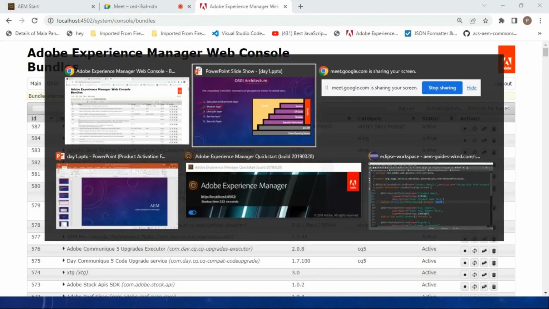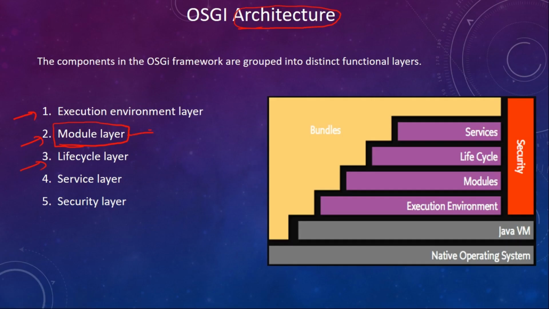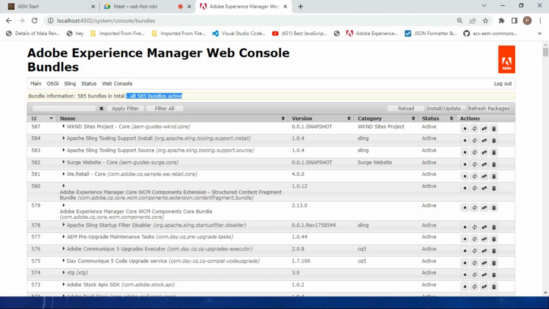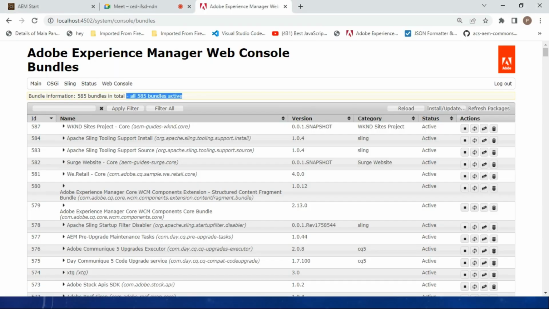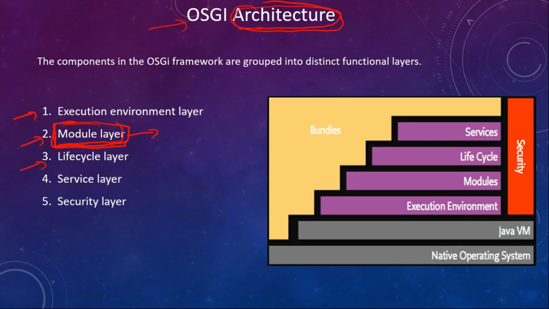All the bundles are stored inside this module layer. All your 585 bundles are present inside your module layer. This is the architecture. All your OSGI is maintained by using this OSGI architecture.